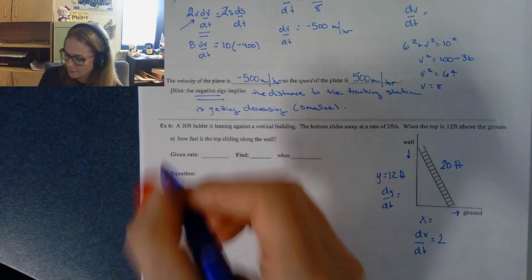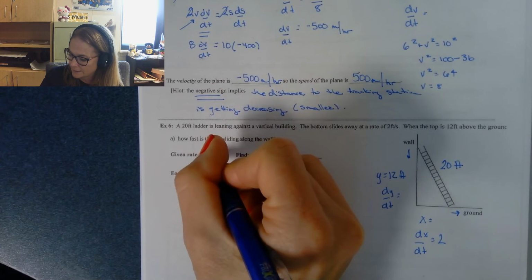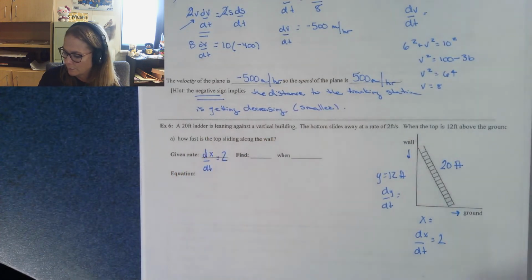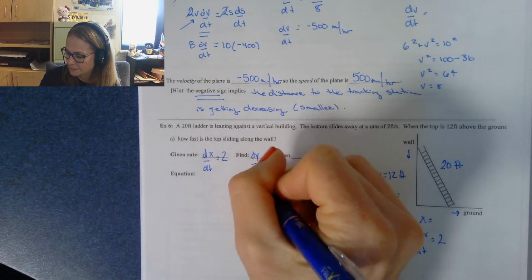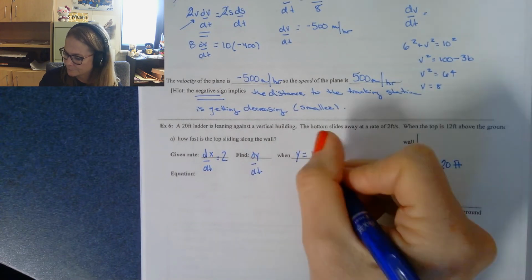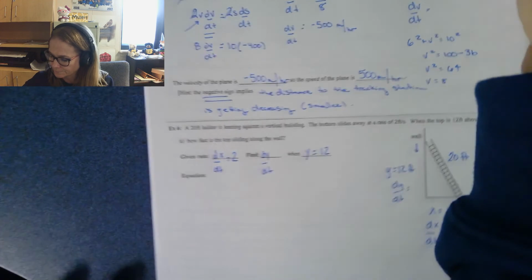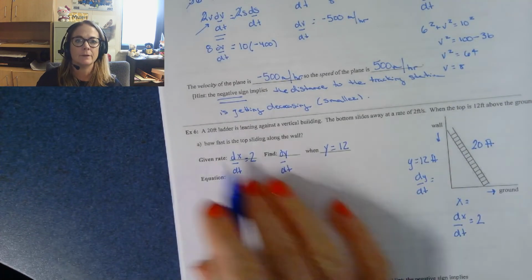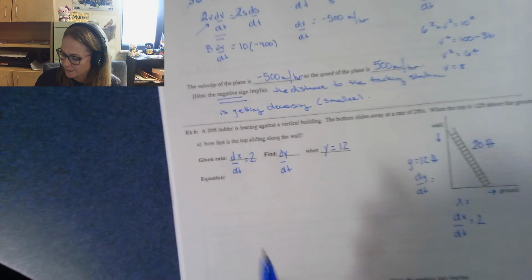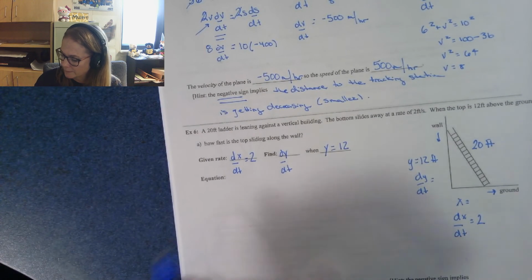Okay, so let's see. Our given rate is dx/dt, which is 2. We're asked to find dy/dt when y is 12. We'll get our units in with our complete sentence. Sometimes they can muddle things up in here. Once again, we have our Pythagorean theorem.